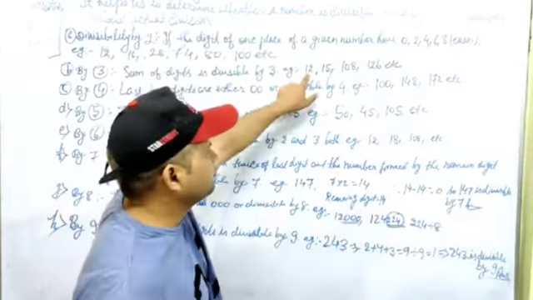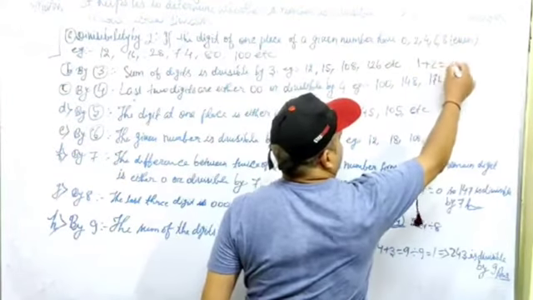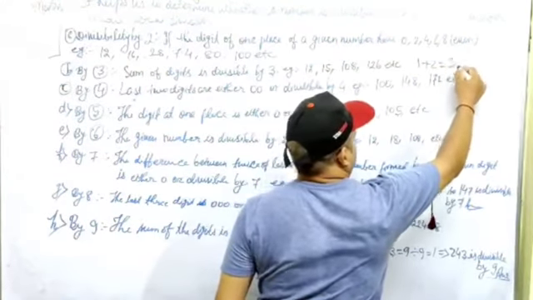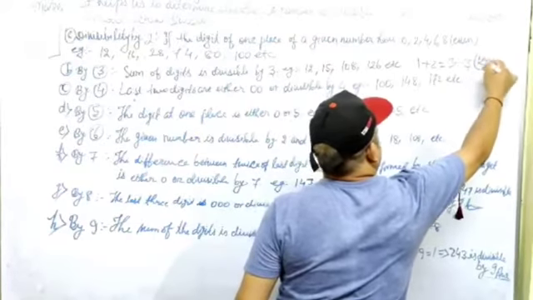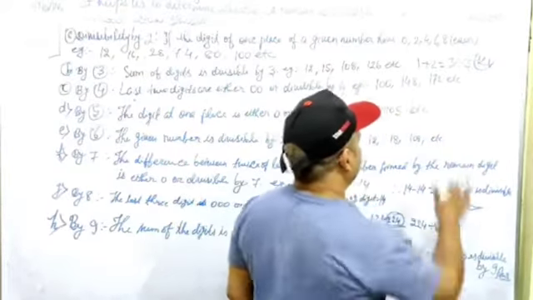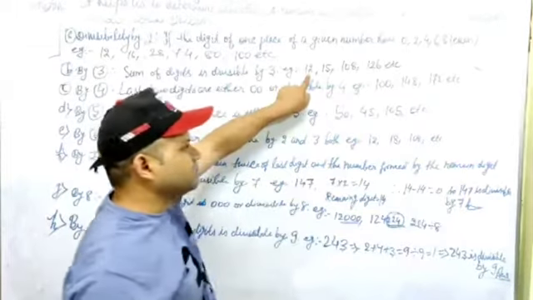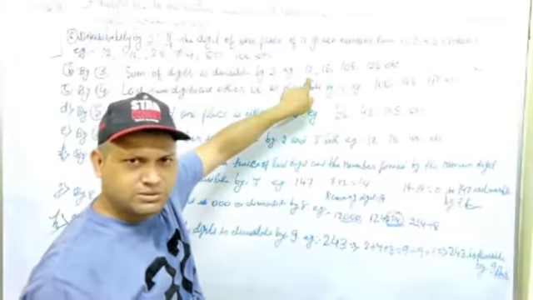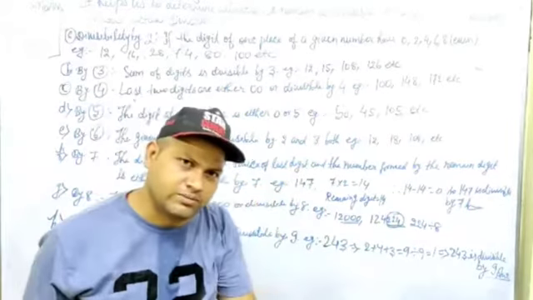For example, 12: we look at 1 plus 2 is equal to 3. 3 is divisible by 3. That's why we can say 12 is divisible by 3. Understood?